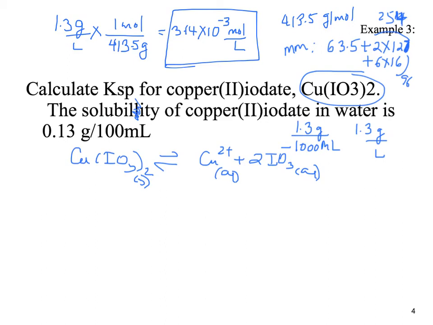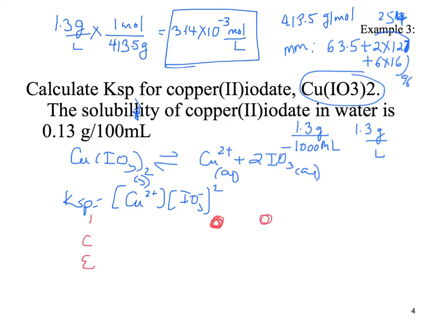We can hopefully see that KSP is going to be equal to the concentration of copper plus concentration of iodate, and we are going to take the square of the iodate. Now setting up the ICE, initially copper is going to be 0, and so would be the iodate.